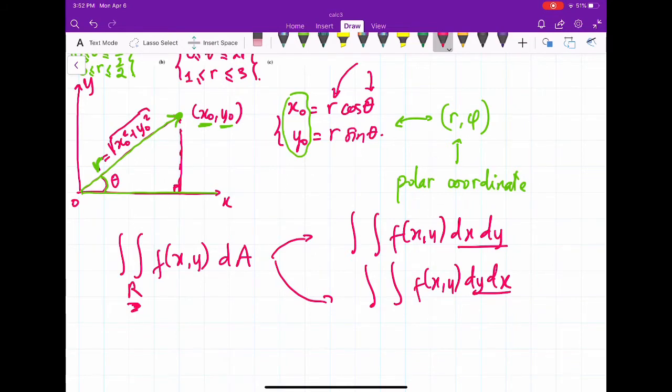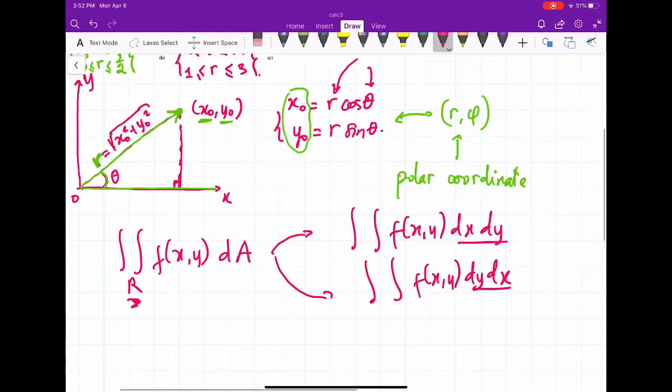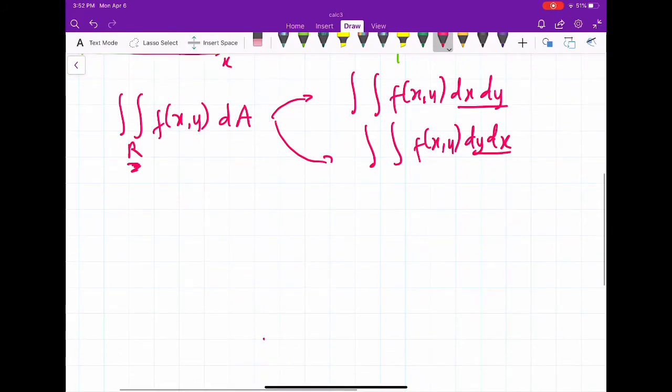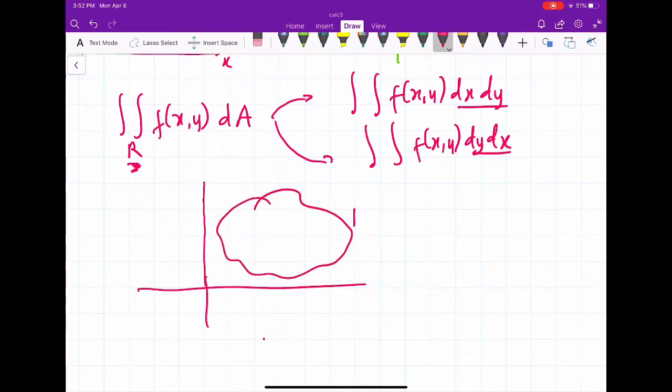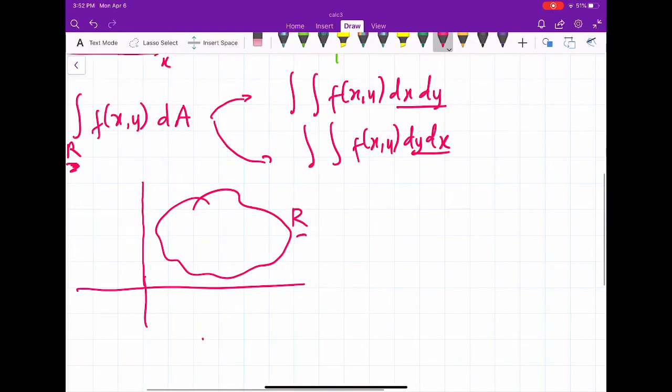And the region R is basically in the plane. I remember, if you have some region R in here, we do a partition. Do you remember that?